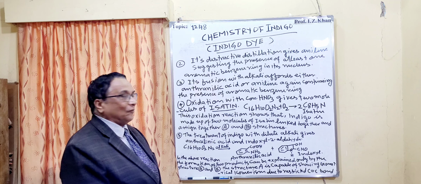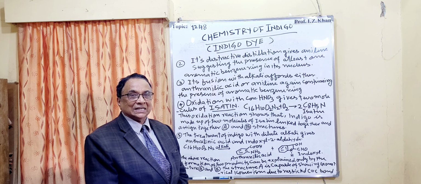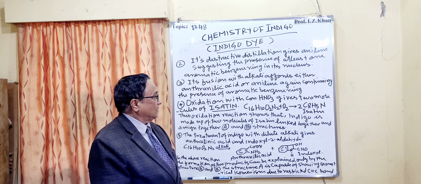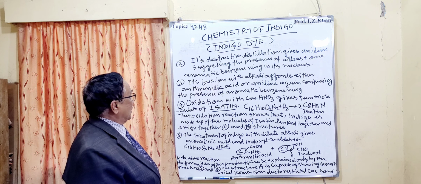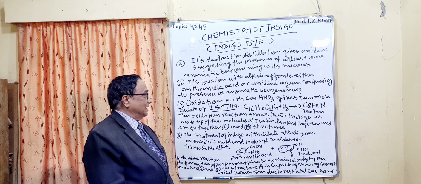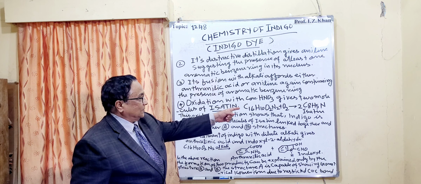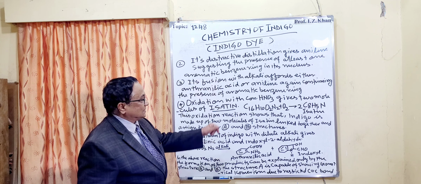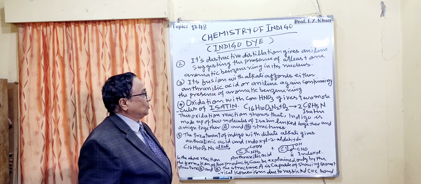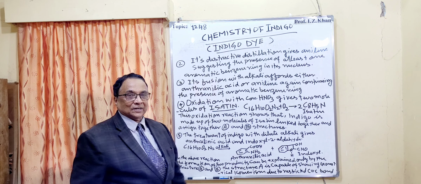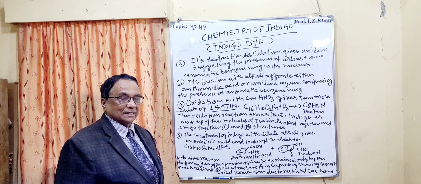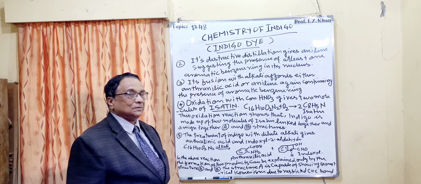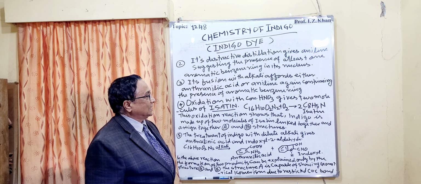Number four, when it is subjected to oxidation in the presence of nitric sulfuric acid, we get two products, that is two molecules of isatin, and that is given here, and already the structure of everything I have explained in the beginning. That is, C16H10O2N2 plus O2, meaning it is treated with a strong oxidizing agent like concentrated nitric acid, and then it gives two molecules of isatin, that is C8H5NO2.